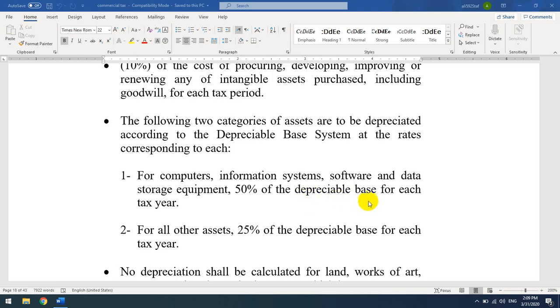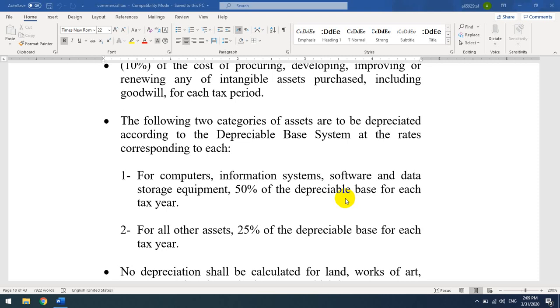What do we mean by the depreciation base? Depreciation base is the book value. What do we mean by the book value of a fixed asset? Book value equals the historical cost minus accumulated depreciation. The depreciation base of any fixed asset equals the historical cost of this asset minus its accumulated depreciation.